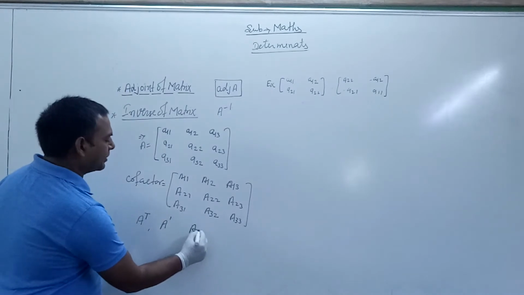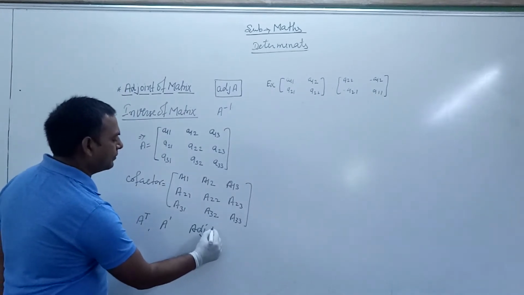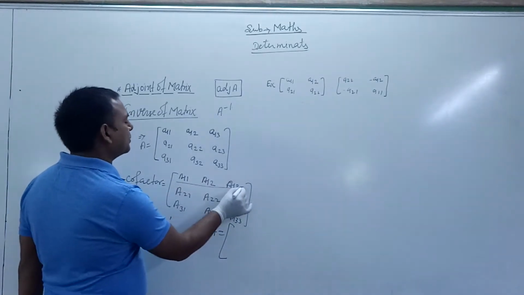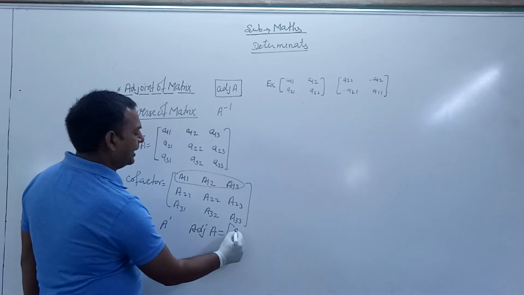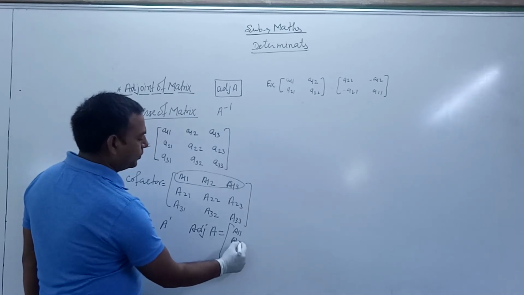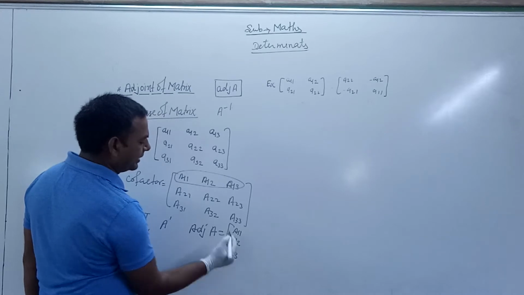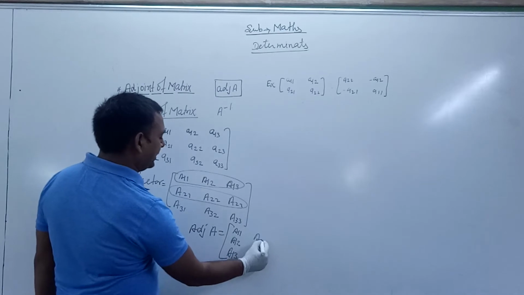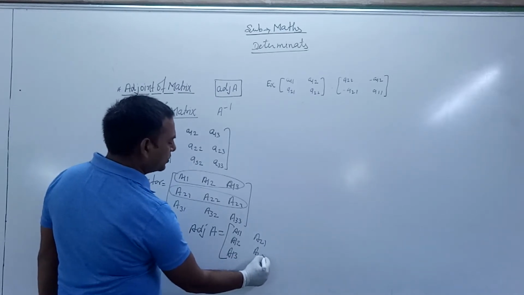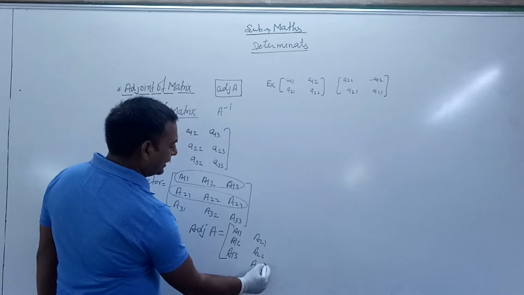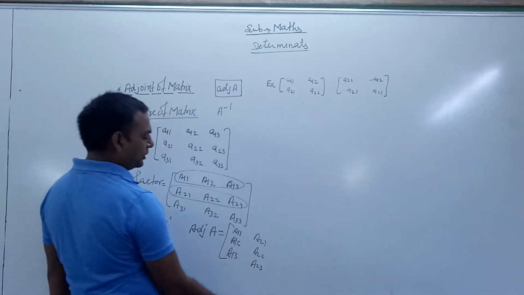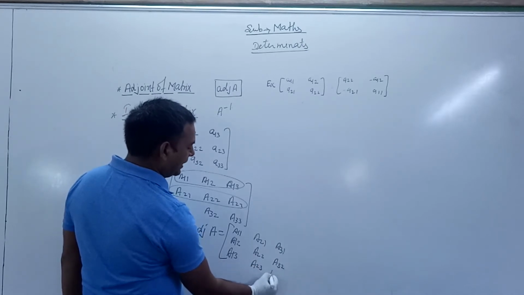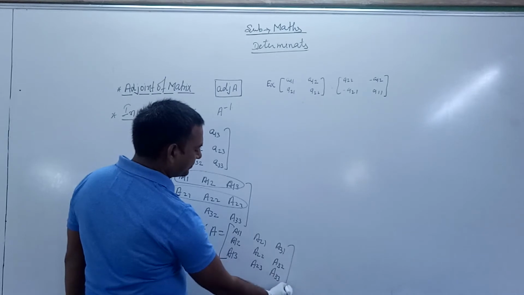So the adjoint of A is equal to the cofactor matrix with rows converted into columns. The first row, A11, A12, A13, becomes a column. Similarly, the second row, A21, A22, A23, becomes a column. Then the third row, A31, A32 and A33, is also converted into a column.